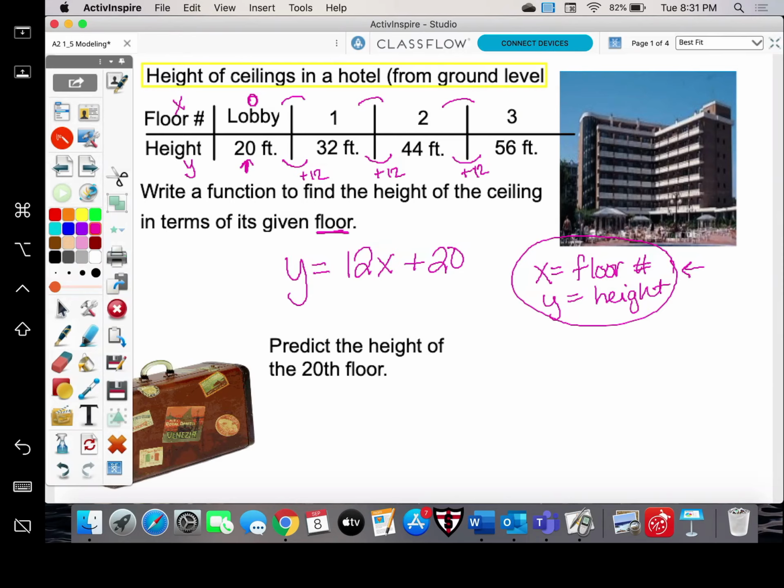Now we have a follow-up question. Once we have that function, can we predict the height of the 20th floor? So 20 will be an x value because it's the floor number. So we want y equals 12 times 20, plus 20. We're just plugging 20 in for x.